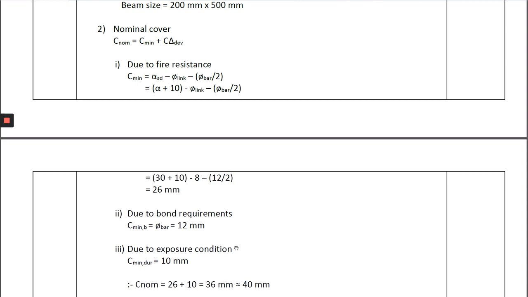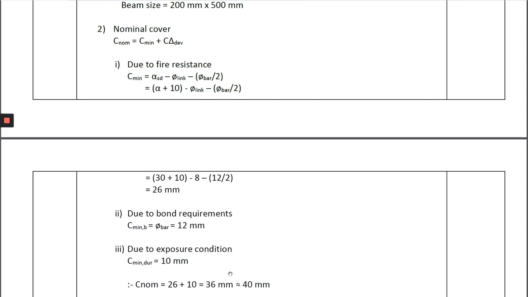In my case, the C minimum is equal to 26 millimeter, plus the deviation value used in a country, which may be found in the national annex. The recommended value is 10 mm. Then I got C nominal equal to 36 millimeter. So I round up to the nearest biggest 5, which is 40 millimeter.